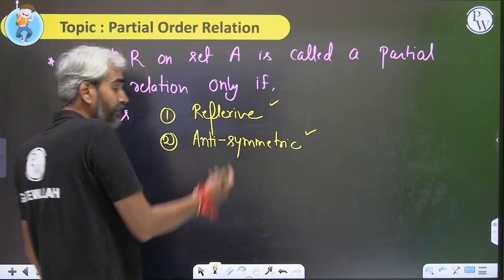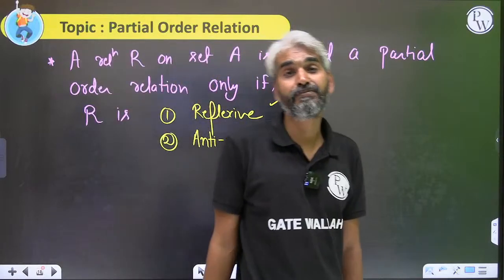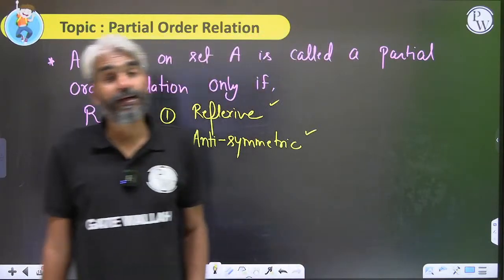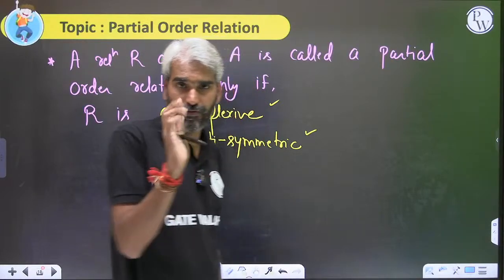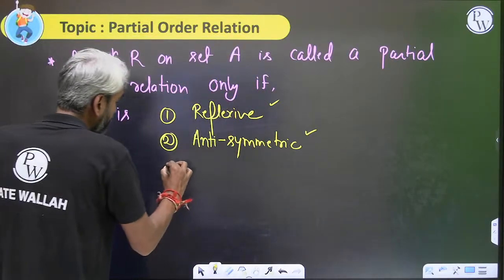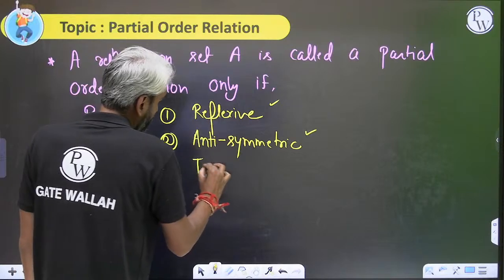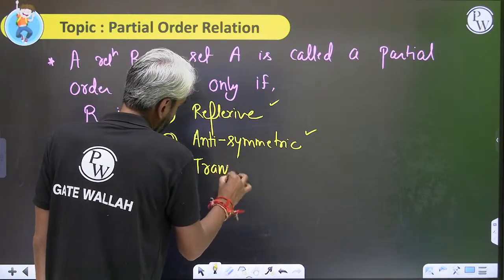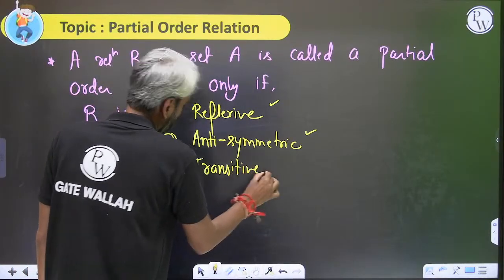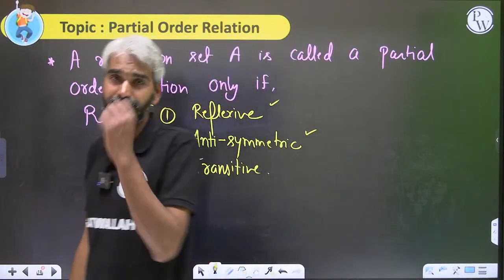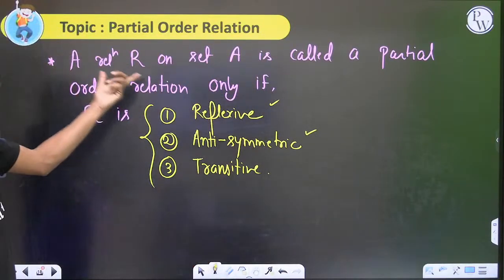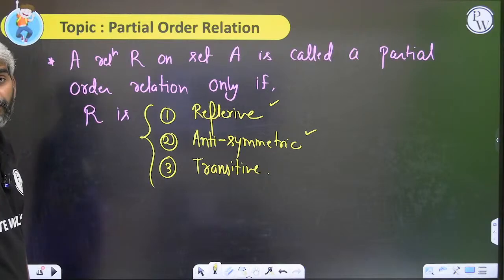But anti-symmetric means if (x, y) is present in the relation R, then (y, x) cannot be present in the relation R if x is not equal to y. Apart from that, transitive. So your given relation must be reflexive, anti-symmetric, and transitive to be called a partial order relation.